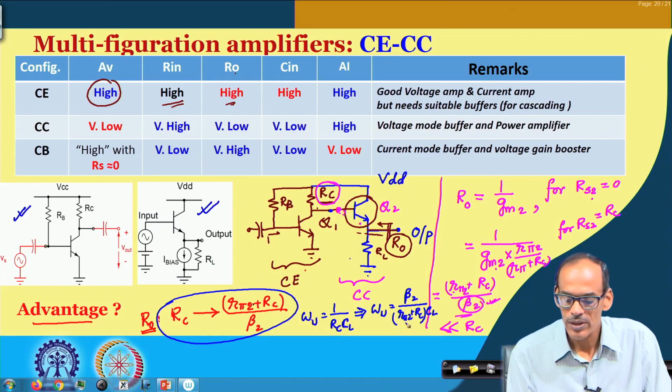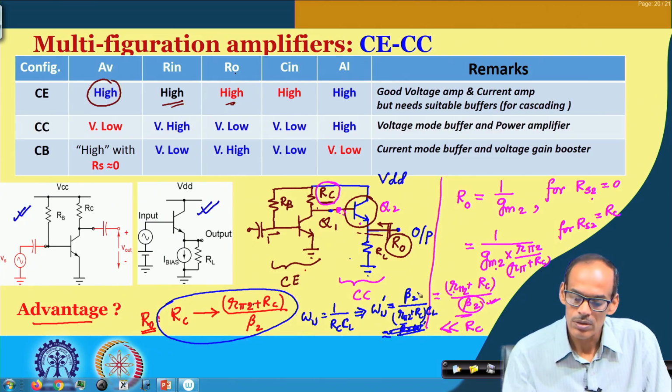So, approximately, if I drop this part just for qualitative comparison, we can say that this is beta 2 times whatever earlier upper cutoff frequency we had. So, this is the modified one, if I say dash, and this is the original one.